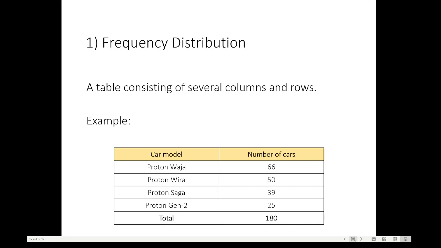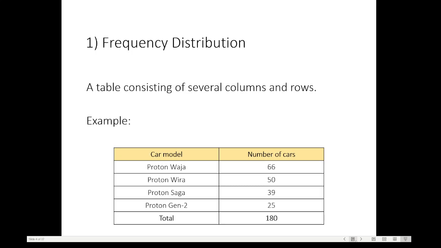So normally when we have a frequency distribution table, the first column refers to the variables, and the second column refers to the count value, or the frequency, of each category in the variable.